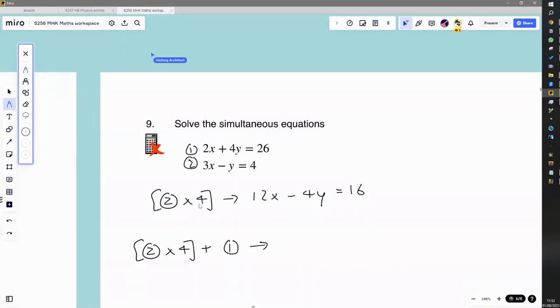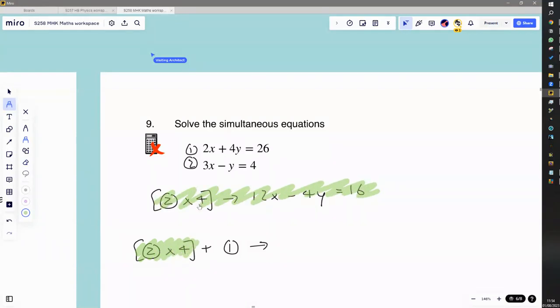So 12x plus, and make sure of this: a classic mistake here is that people get confused about which they're adding. If you've got highlighters, it's quite good to use them here. I'm adding this one, which is all of this, to this one at the top here, not this one.